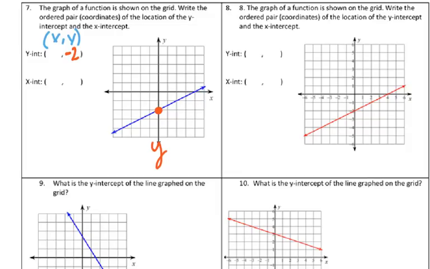An intercept means the other number is a 0. So my y-intercept is 0, comma, -2. Y-intercept, very important. Make sure the number is in the y spot of the ordered pair. So my x-intercept is where my graph touches the x-axis. Here's my function.